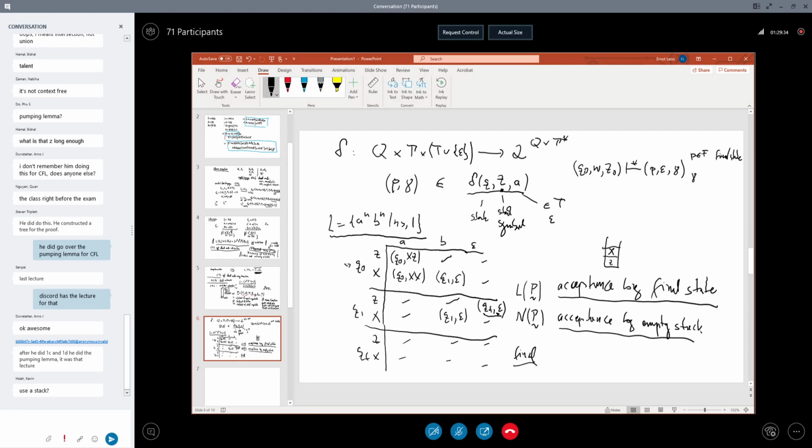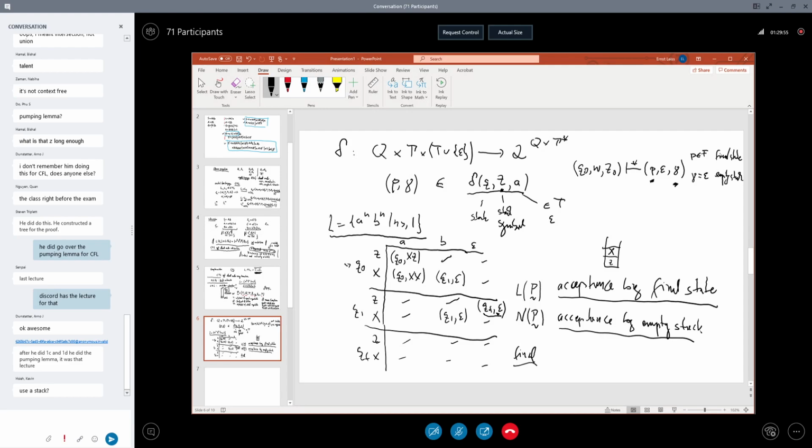If gamma is epsilon, then it's by empty stack. So these are the two possibilities. Final state, P is a final state. Empty stack, gamma is epsilon.